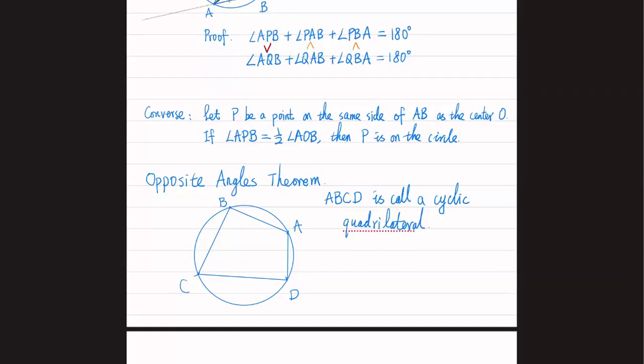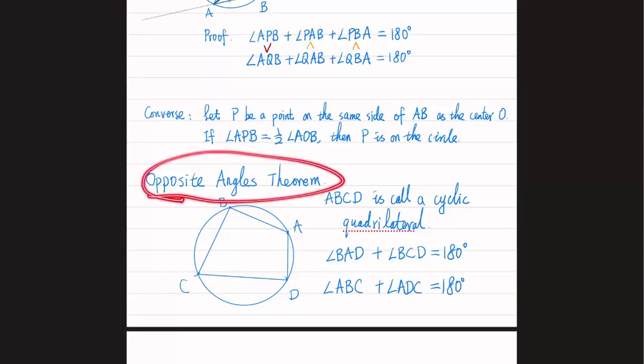And the opposite angle theorem for cyclic quadrilaterals is that the summation of the opposite angles, okay, this is the opposite angles theorem.